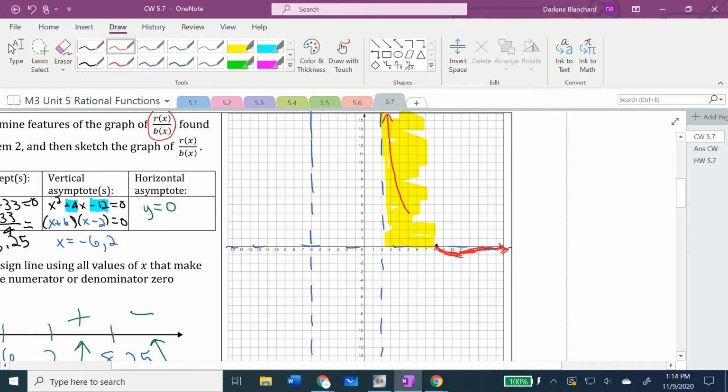And then I can just kind of connect it to that x-intercept. And voila, I've got a bit of the graph going. Now I'm going to erase that highlight. Put that asymptote back in there.